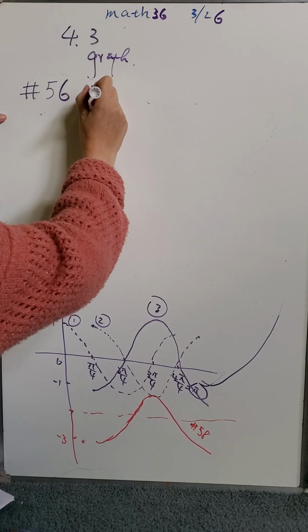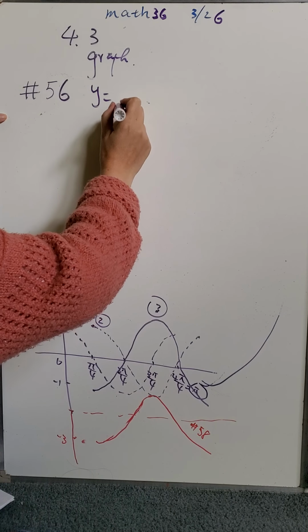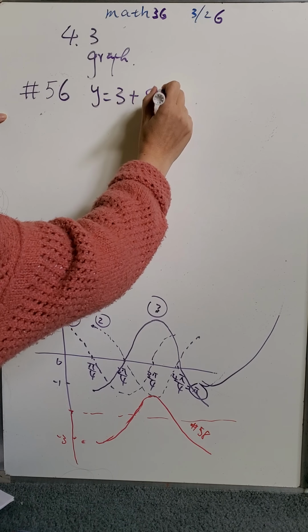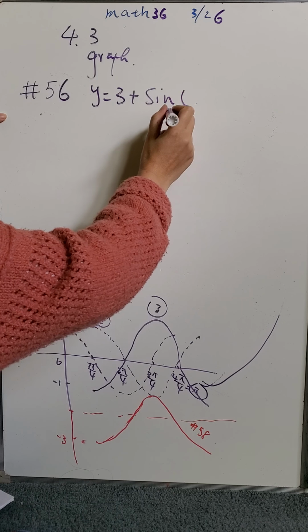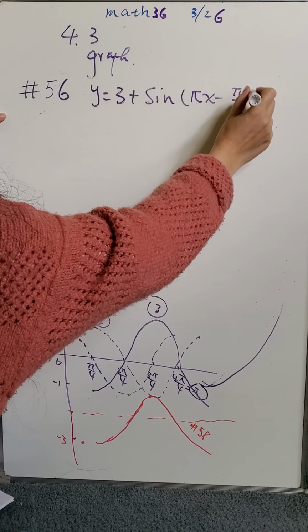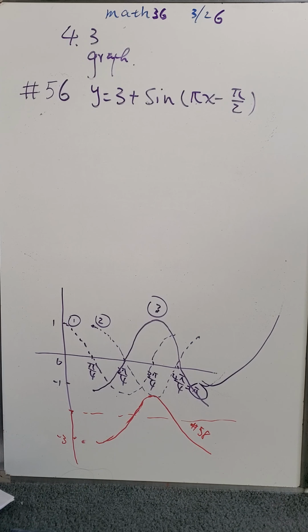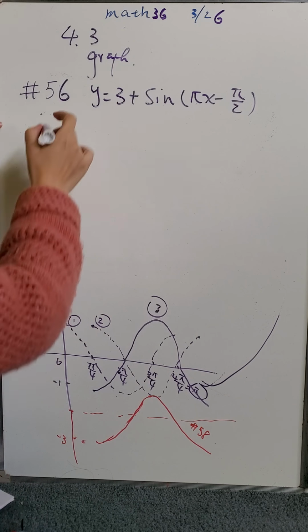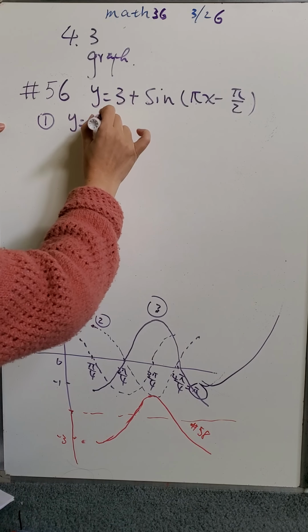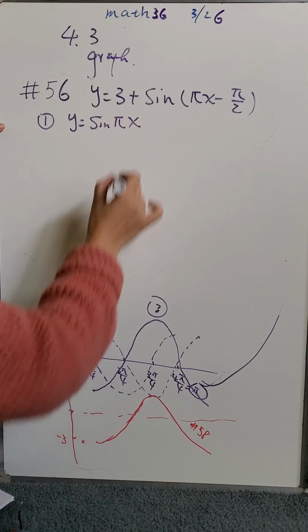We're going to graph y equal to 3 plus sine of pi x minus pi over 2. Okay, so we're going to first graph y equal to sine pi x. That's the first one.